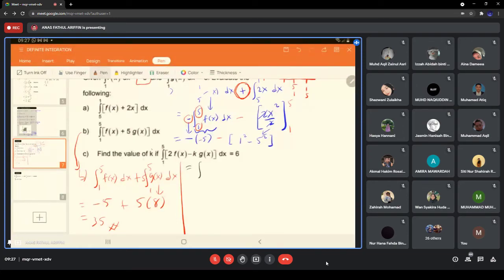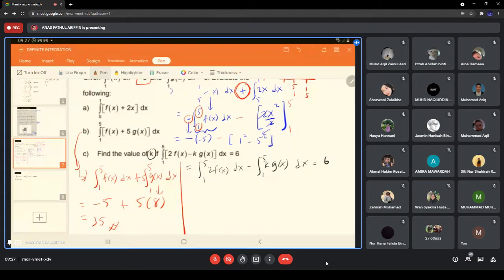This one want to find the value of k. So first we split. Integrate from 1 to 5 fx dx, and then minus, we split, integrate from 1 to 5 k dx, equivalent to 6.